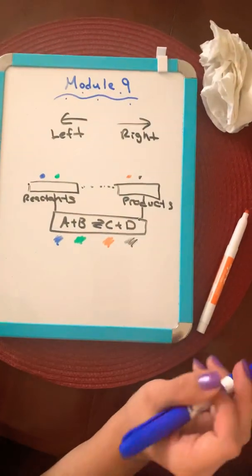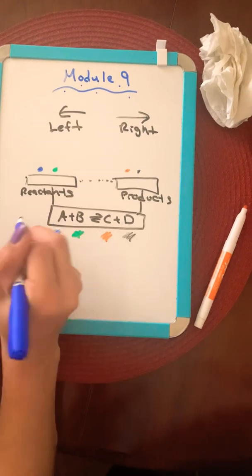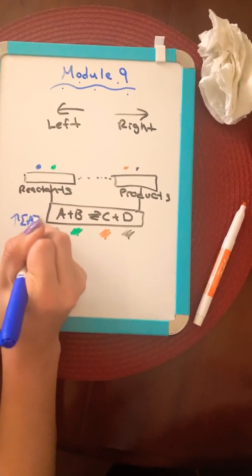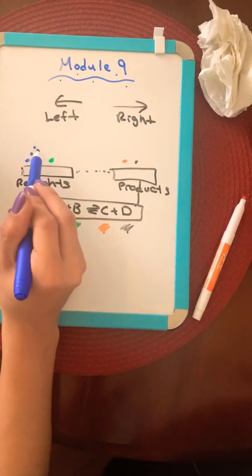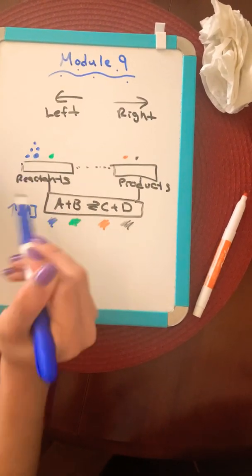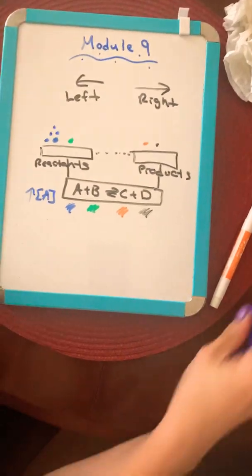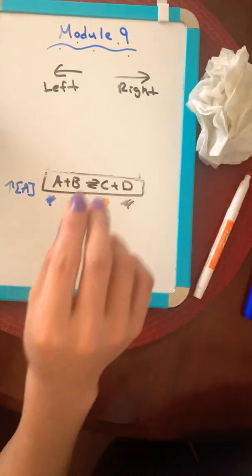But what happens once I start increasing the concentration of A? That means I'm going to be adding more onto the scale, and A is going to make this side a lot heavier.